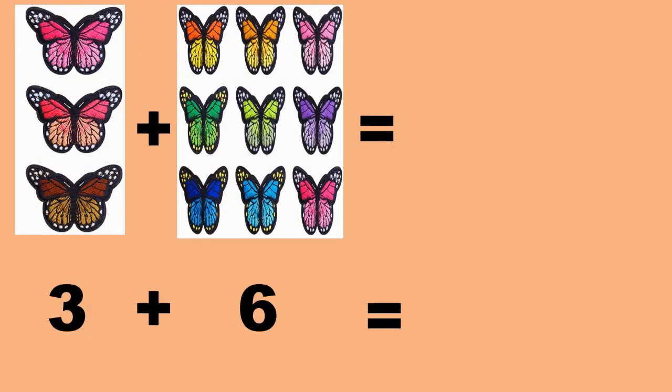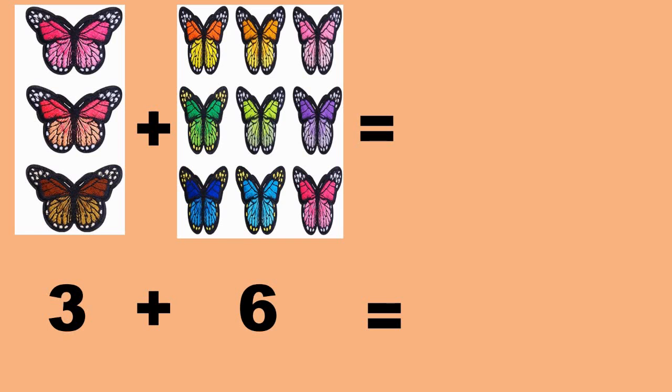Here I have one more example for you. Now, here we have 6 butterflies and 3 butterflies. So, here we have to add 3 plus 6. First we have to identify which is the bigger number. Yes, 6 is the bigger number. So, now we have to add 3 more to 6.